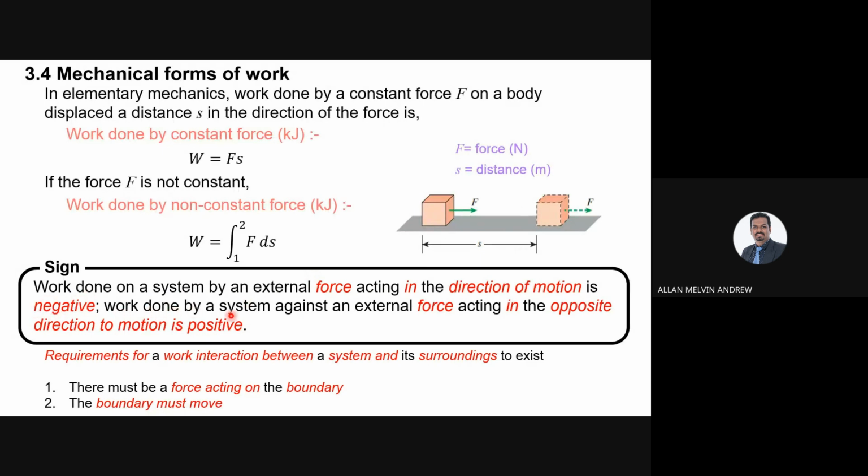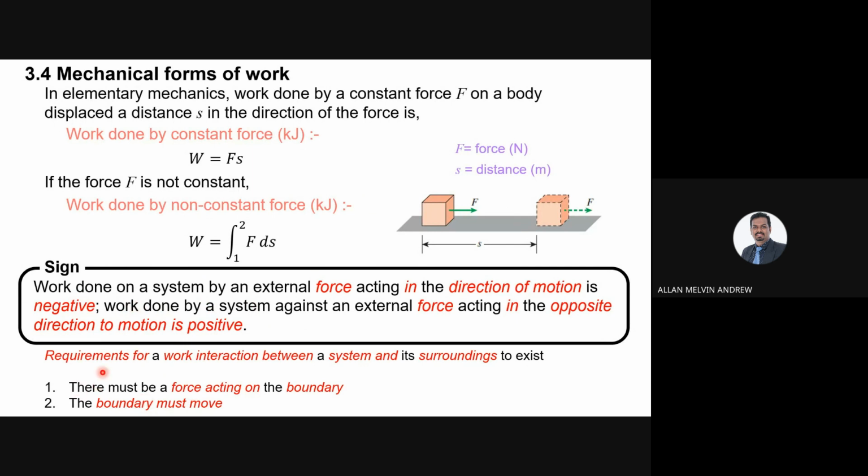If the work is done by a system against the external force, so the direction of motion is forward but the force is backward, then you take it as positive. But we are not really using this, so we will use the other conventional way: Q in, Q out, W in, W out, which is much easier to understand.